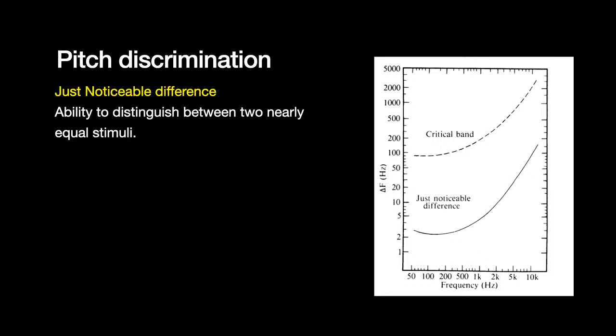Now I'm going to take the last topic of today's lecture, and that is pitch discrimination. And as I said, the frequency produced by an instrument is one part of the experience, but how the human mind and human brain responds to it becomes the other part, and that part is actually related to the pitch.